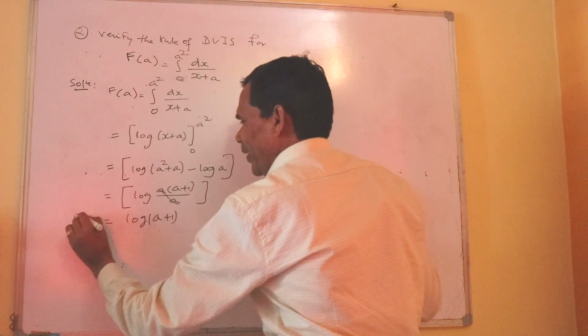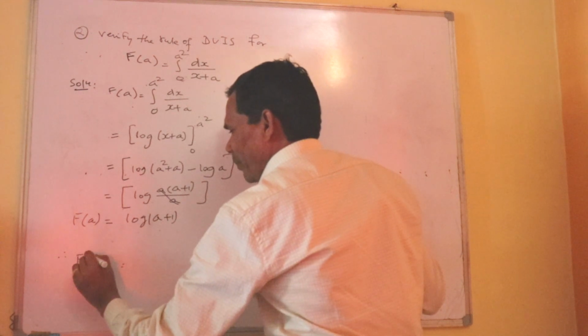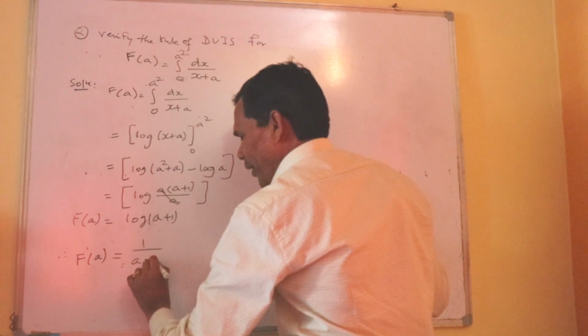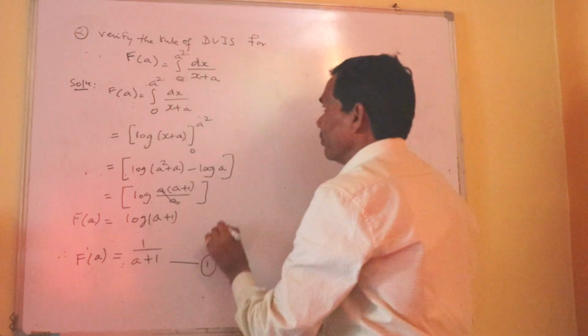This is f of a actually, so we need f dash a, the derivative with respect to a, which is 1 upon a plus 1. I call this expression number 1.